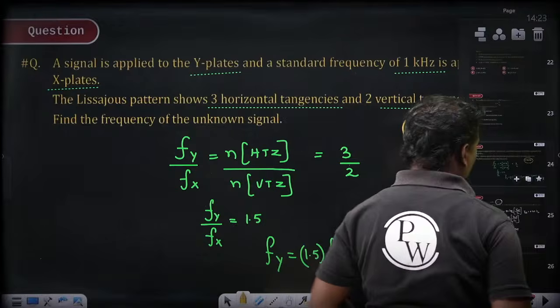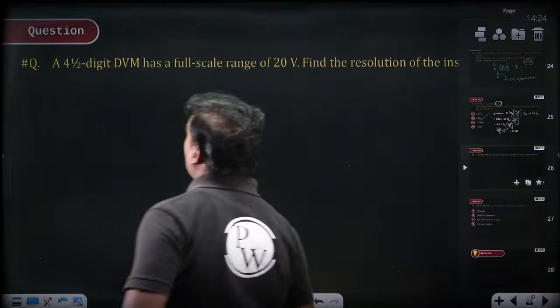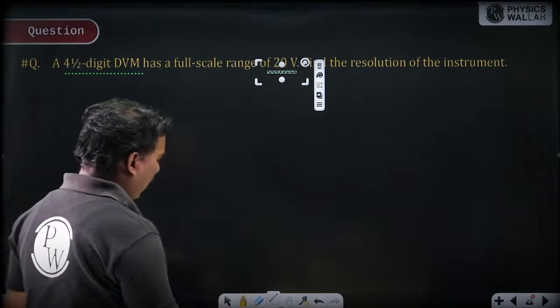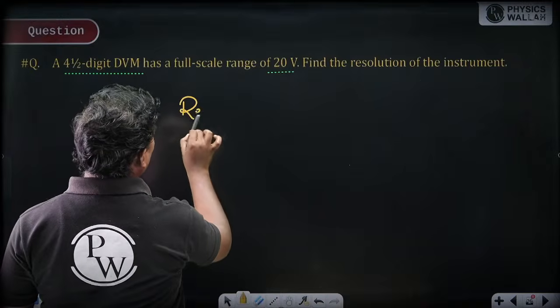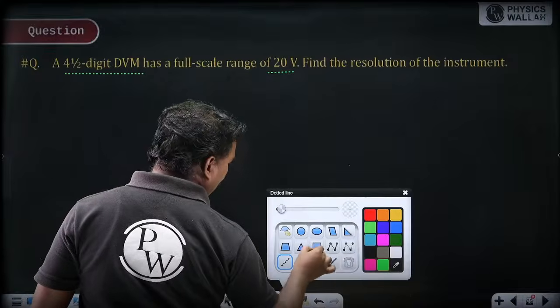So let us go for the next question. A 4.5 digital DVM has a full scale range of 20 volts. Find the resolution. See, 4.5 DVM means what? 4 full digits and 1 half digit.